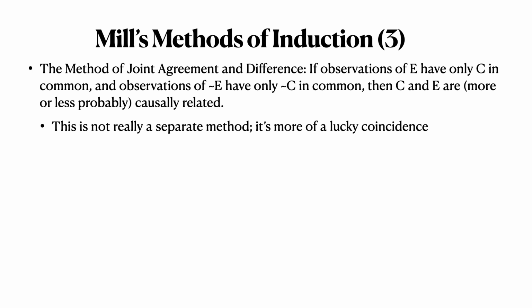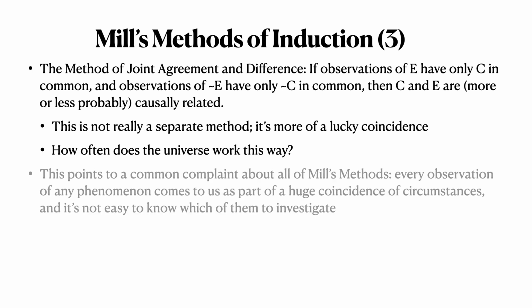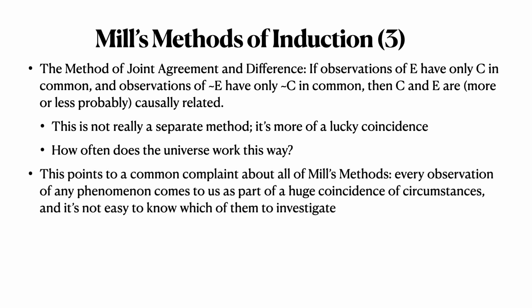But I think we're entitled to wonder just how often the universe serves up this kind of lineup of easy agreement and difference, where it's just so obvious that there's only one thing in common or only one thing that's different. And this points to a common complaint about all of Mill's methods. Every observation of any phenomenon comes to us embedded in a huge variety of circumstances, and it's not easy to know which of them to investigate.